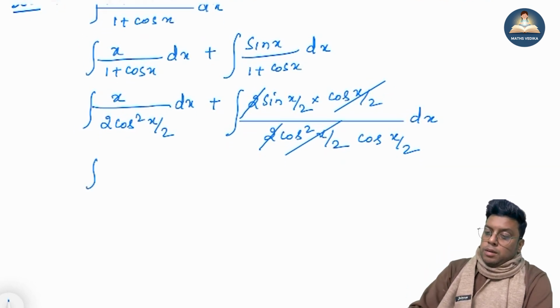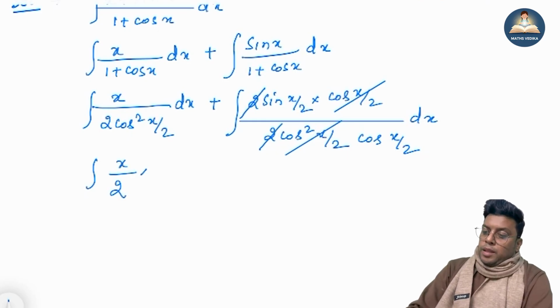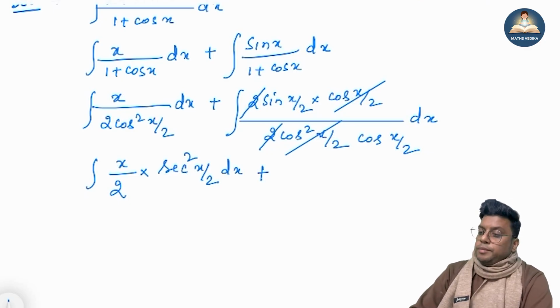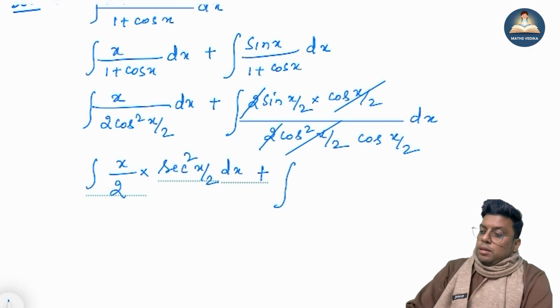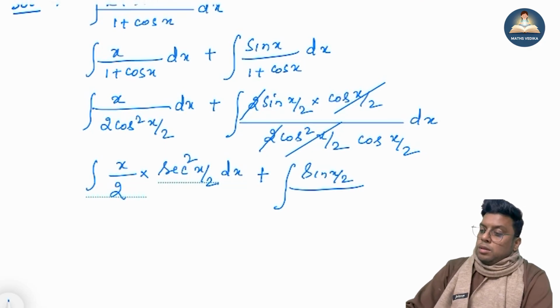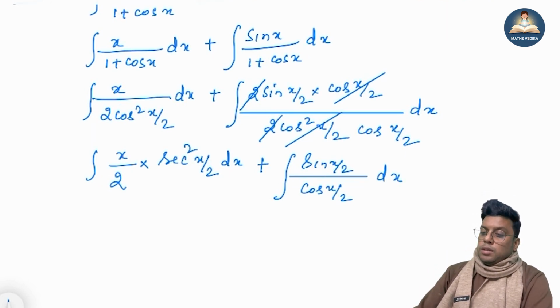As we move on, we'll write x by 2, and 1 by cos² (x/2) can be written as sec² (x/2) dx, plus sin (x/2) divided by cos (x/2) dx.